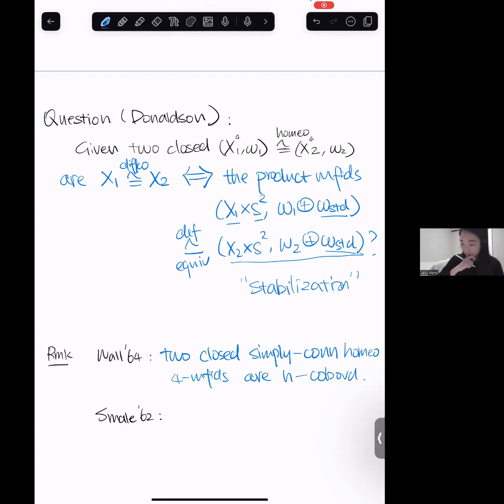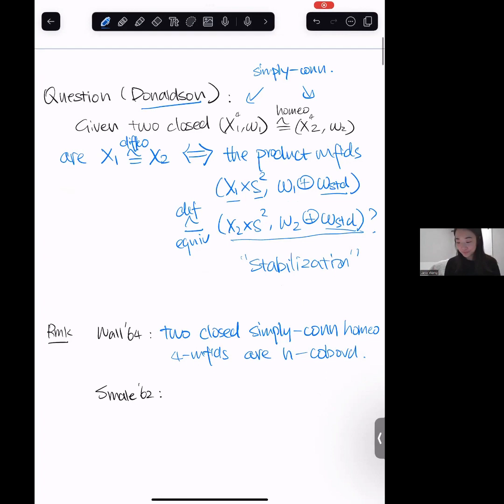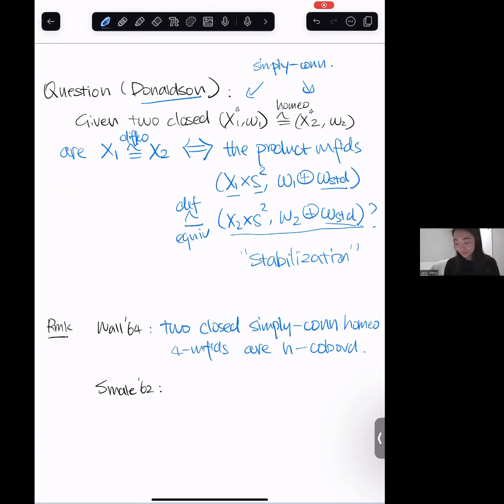The question in McDuff-Salamon didn't require X1 and X2 to be simply connected. And indeed, if you require the simply connected condition, this is called the stabilizing conjecture that I will state on the next page. But let's just assume our manifolds are simply connected for now.